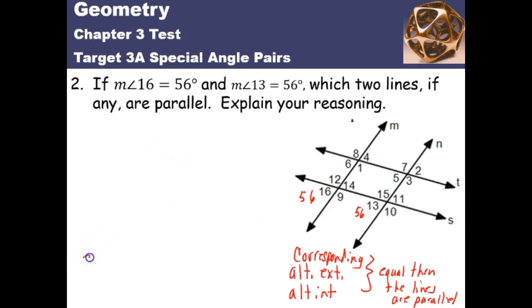Okay, and then same side or consecutive interior.